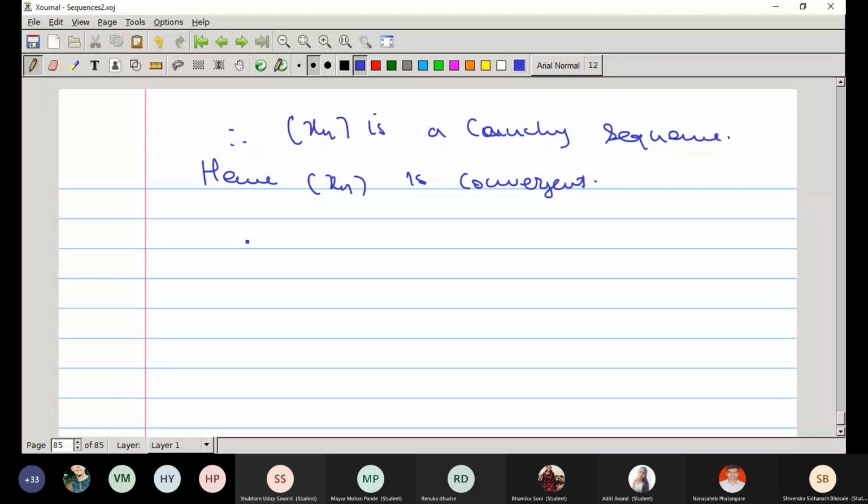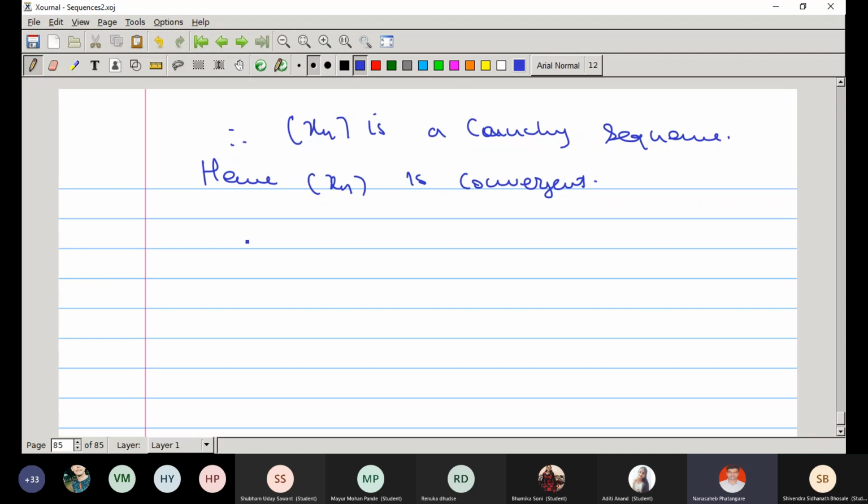The limit you can find. So there are some advanced techniques with which you can find the limit, but every time it is not easy to find the limit. We are sure that it is convergent, but finding the exact limit is a difficult task, right?